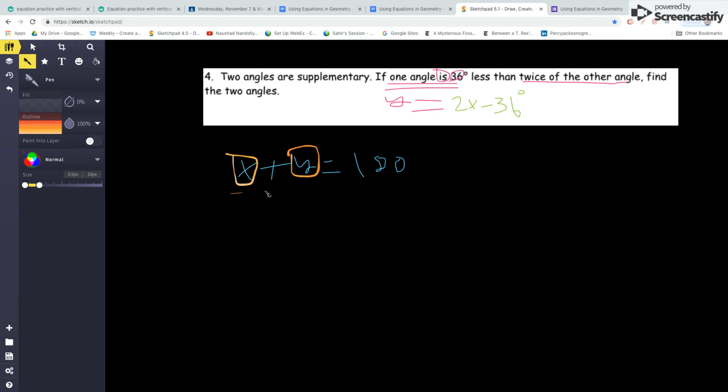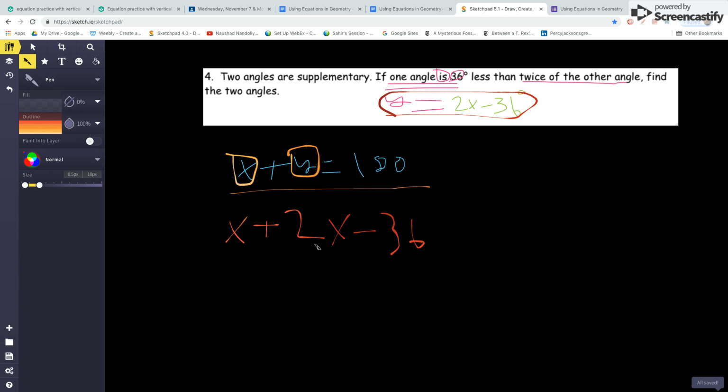Our new expression will be x plus 2x minus 36 equals 180, since we're still carrying over this expression, but just adding y to it.